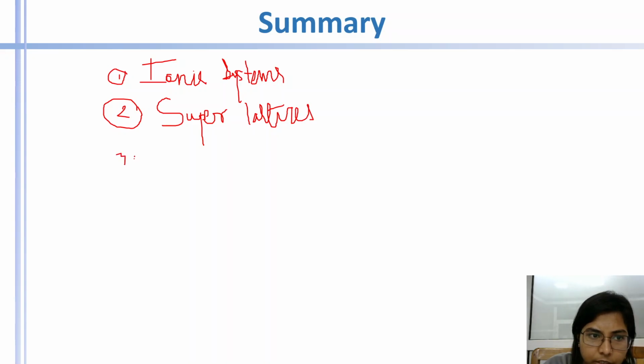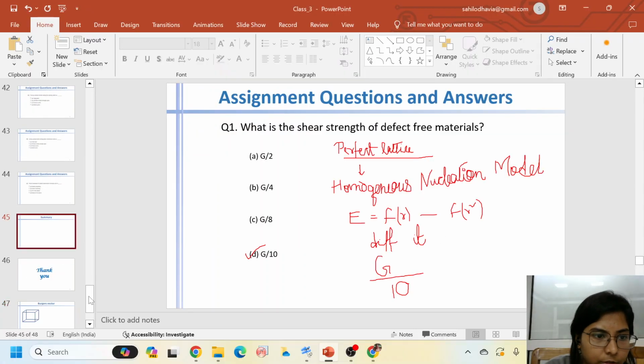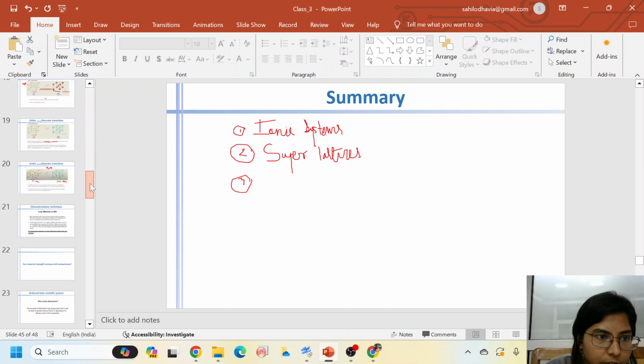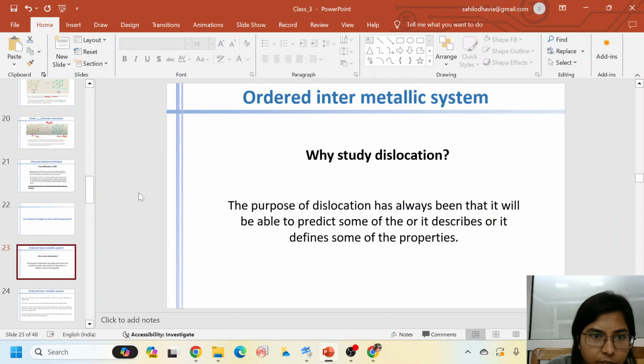Then the intermetallic systems. You remember, right? After the ionic systems we learned about the intermetallic systems.